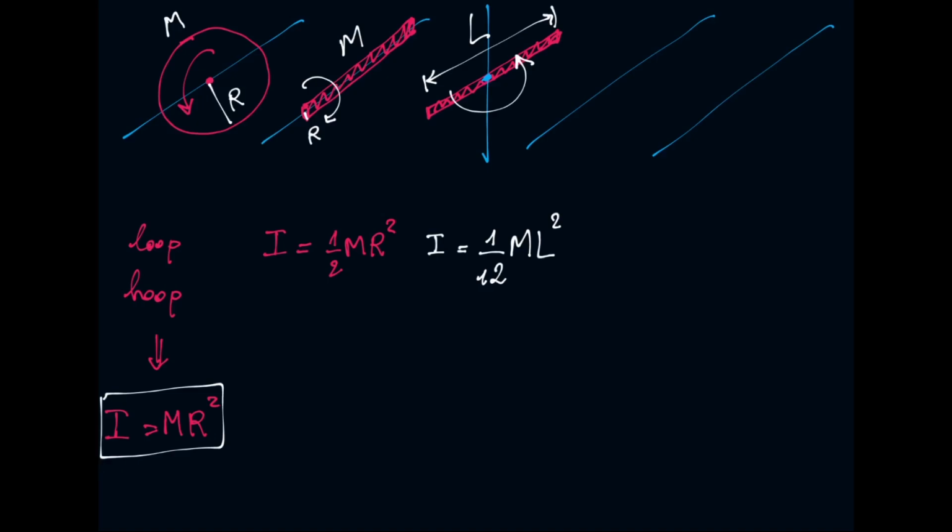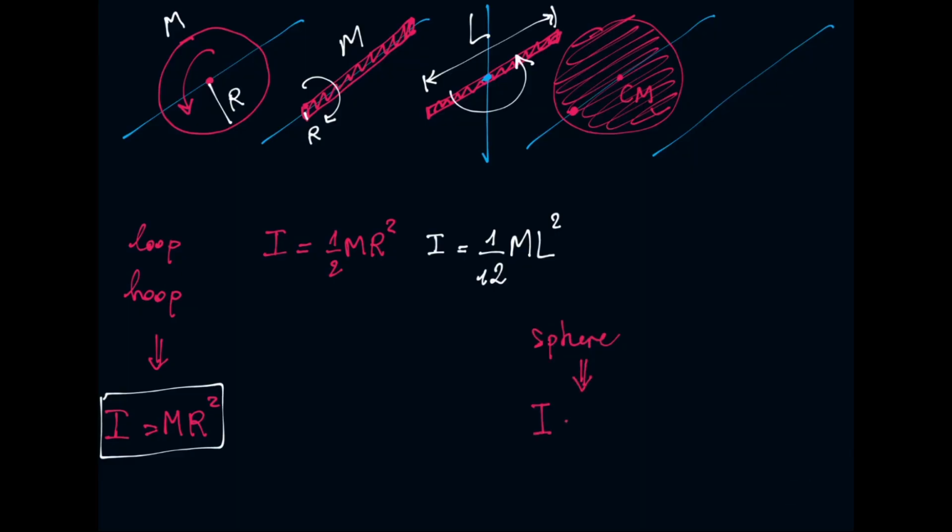I can choose to spin a sphere, for example, around an axis that goes through its center of mass. So for a full sphere, the moment of inertia is 2/5 mr squared.